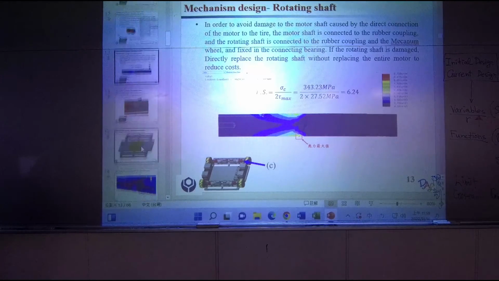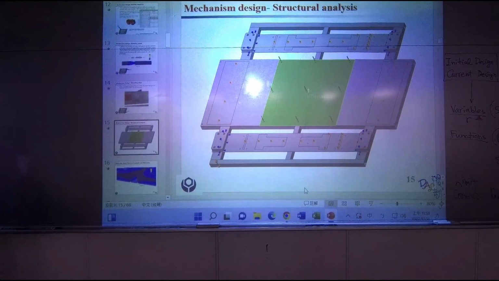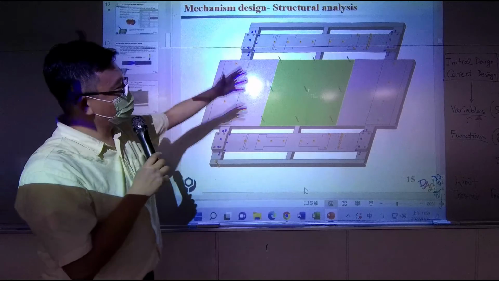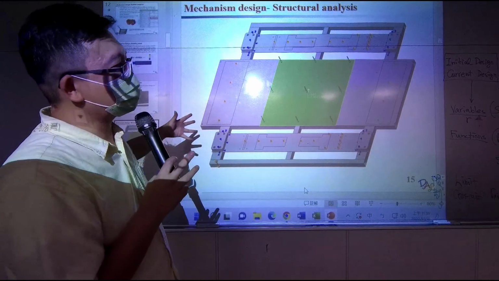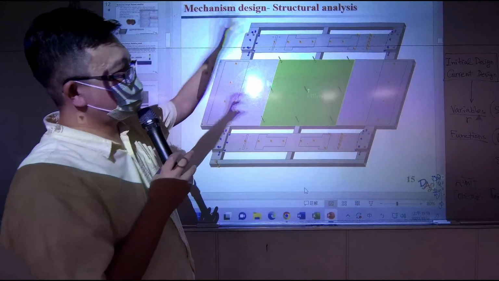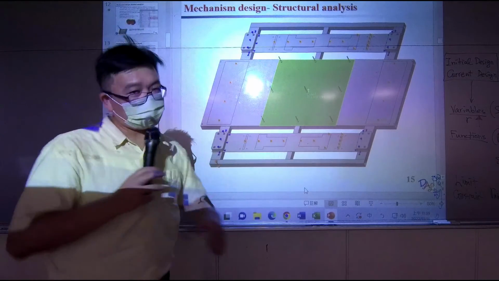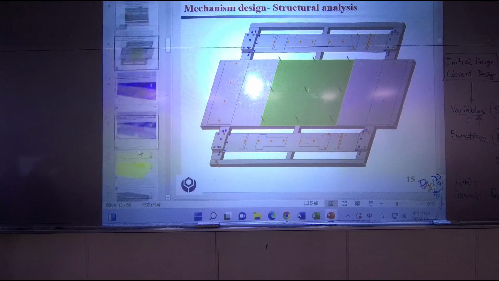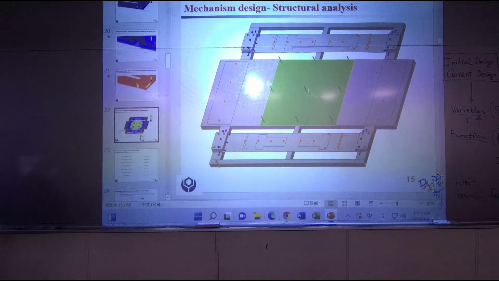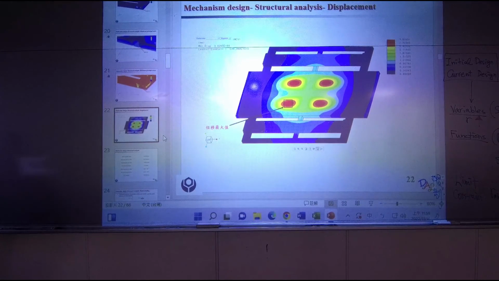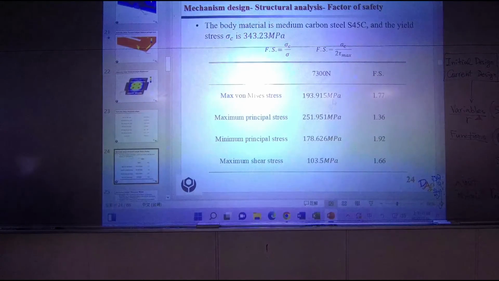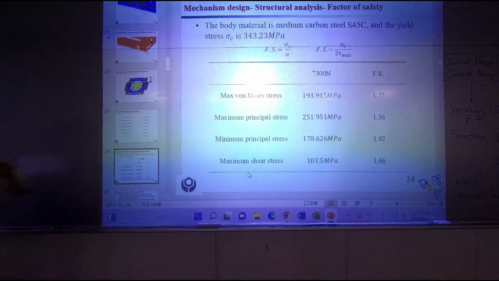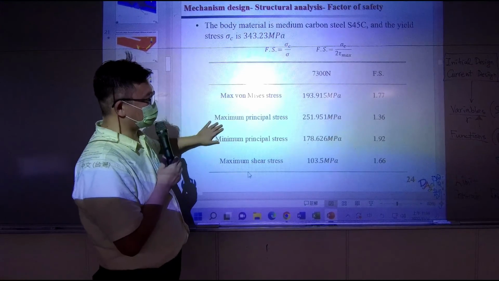Okay, and she also analyzed the entire base plate and applied all the loads on top of it, and then tried to figure out where is the maximum stress. The stress distribution looks like this. And she also calculated the safety factor based on different models.